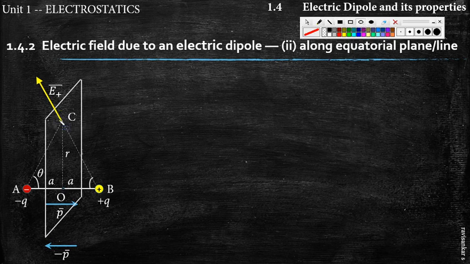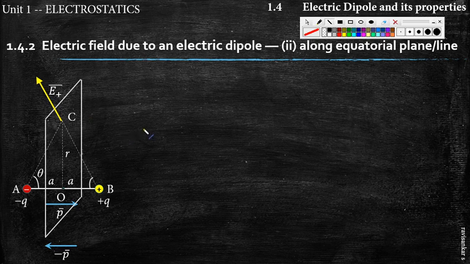Obviously, if I consider a positive test charge, or a unit positive charge, located at the point C, let's say, this plus Q will repel it in the direction indicated. That will be the direction of the E plus vector.